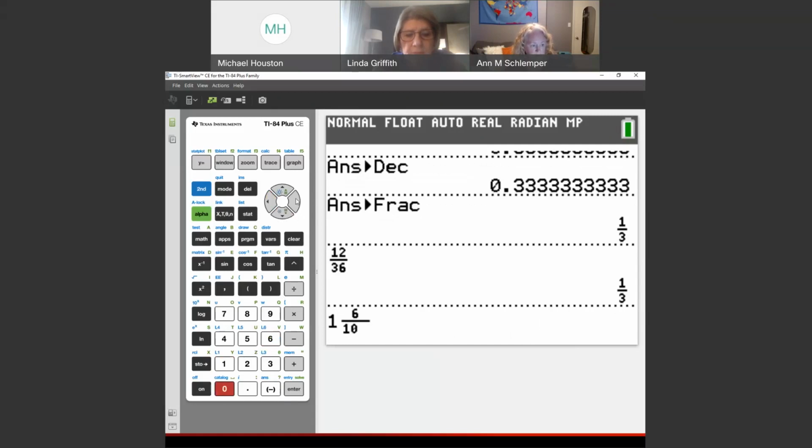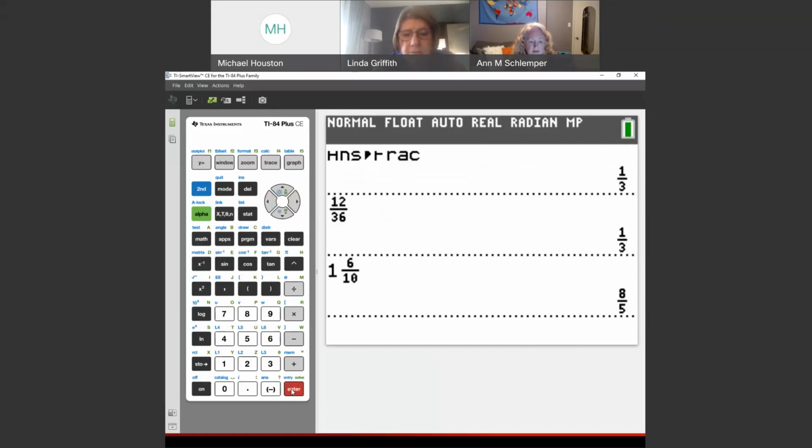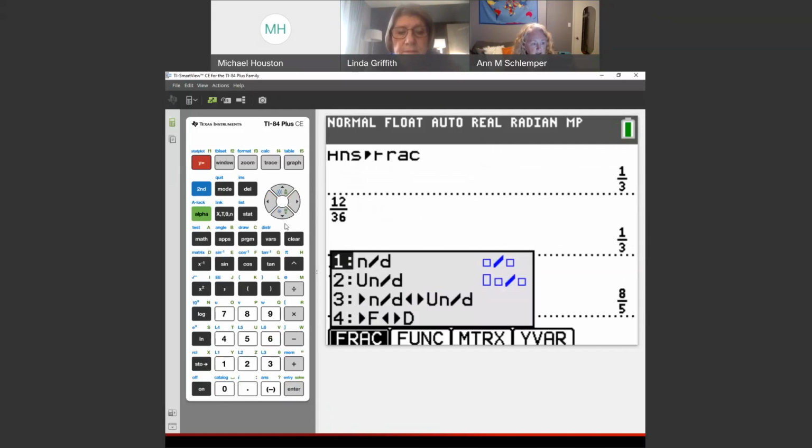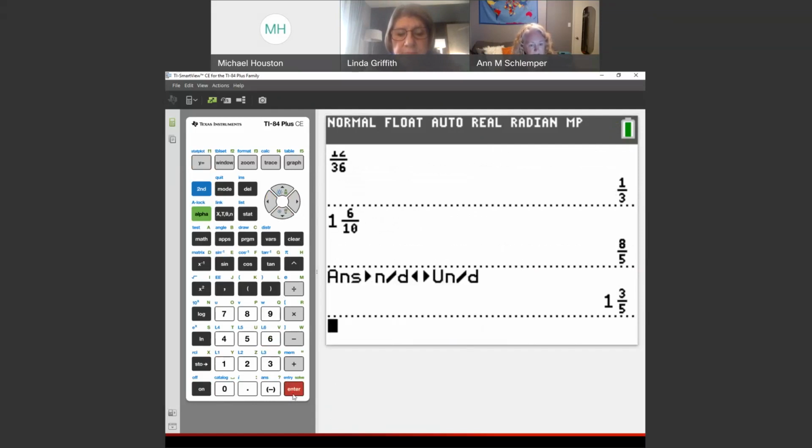If you enter here, you see that it became improper. But if you then do alpha F1, you can change it to mixed again. Some of you that were fans of the old 73, it had some of these features. This really brings this 84 up to that level. It's a really neat feature.